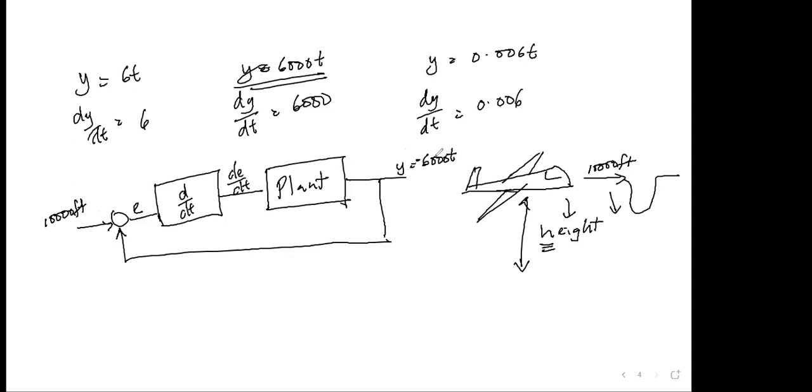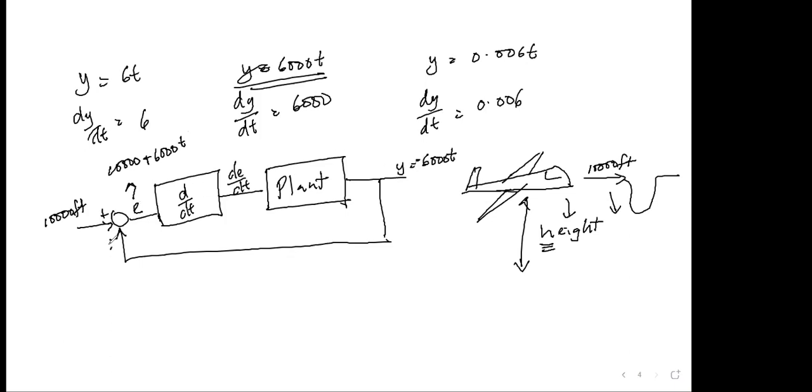So now, what would the error be? The error would be 10,000 minus 6,000 t. This is plus, this is minus. So therefore the minus here is going to make this positive.